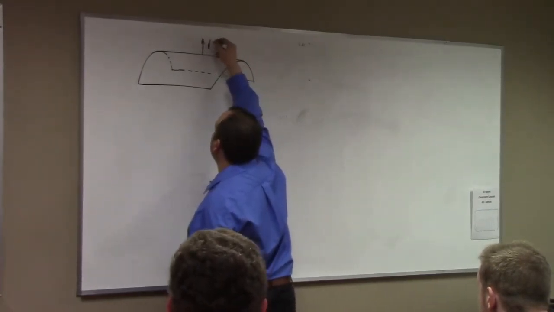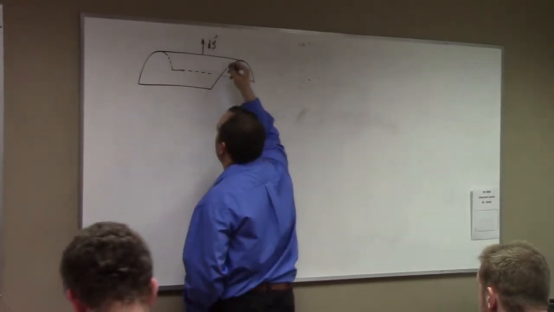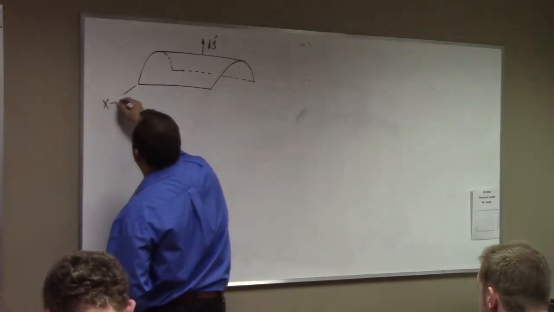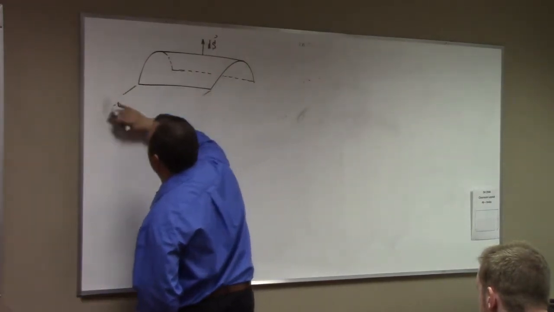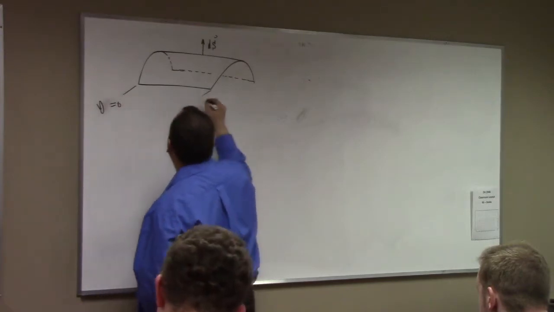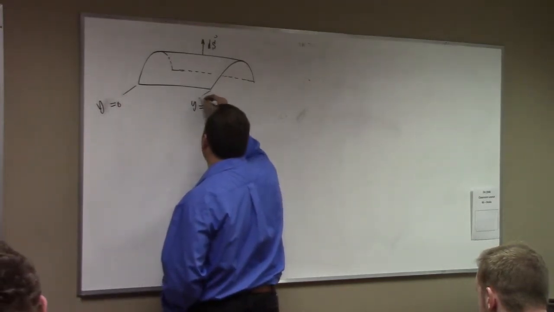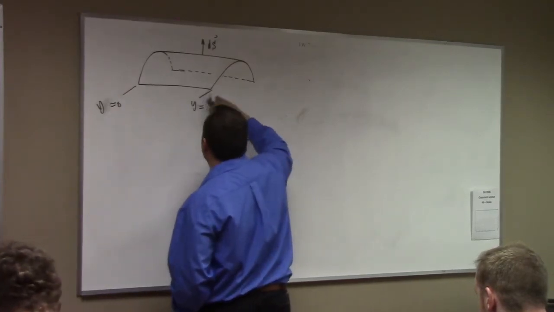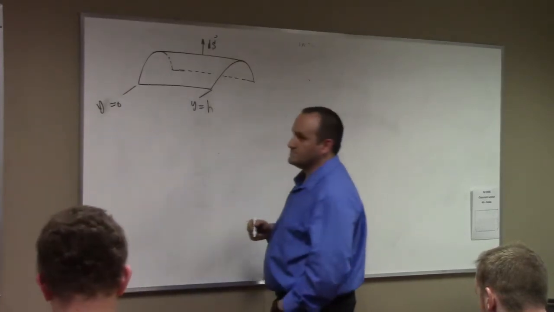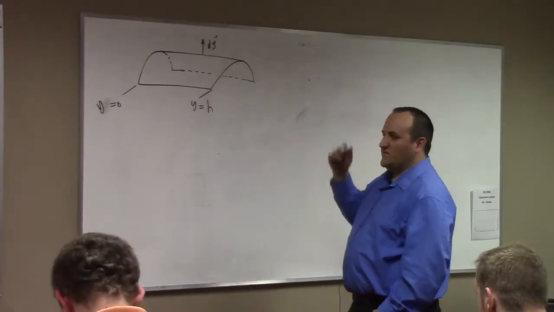So suppose I want dS to be like this. So here's x equals 0. Let's say here is y equals 0. Over here is, let's say, y equals 1. Let's say h.